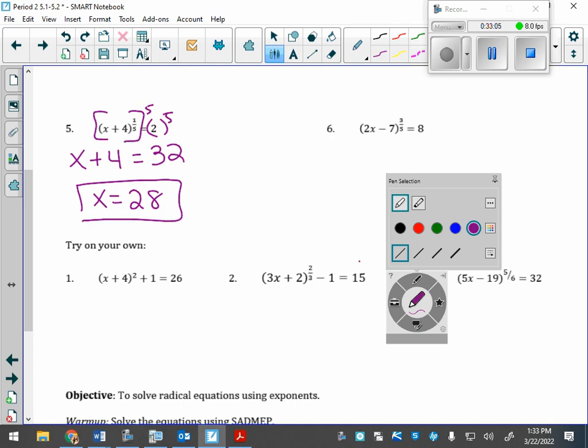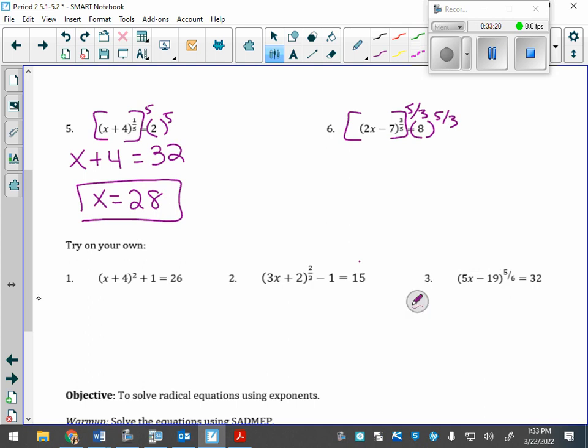The reciprocal, which is 5 over 3. Excellent. But you are right for what you said before. So you have 2x minus 7. Now, having 8 to the 5/3, what does that mean in radical notation? Esteban?